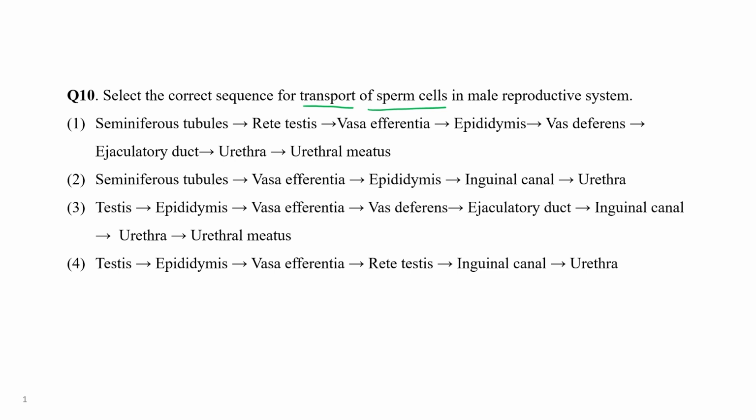The options: seminiferous tubules, rete testis, vasa efferentia, epididymis, vas deferens, ejaculatory duct, urethra, urethral meatus. Then seminiferous tubules, vasa efferentia, epididymis, inguinal canal, urethra. In the third choice, testes, epididymis, vasa efferentia, vas deferens, ejaculatory duct, inguinal canal, urethra, urethral meatus. Then testes, epididymis, vasa efferentia, rete testis, inguinal canal, urethra.